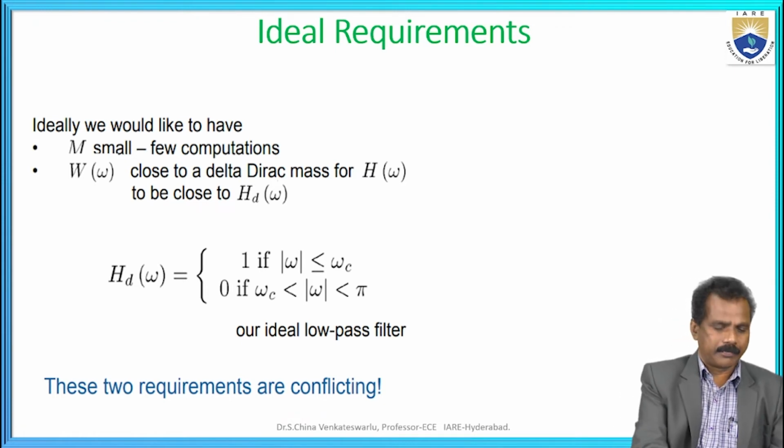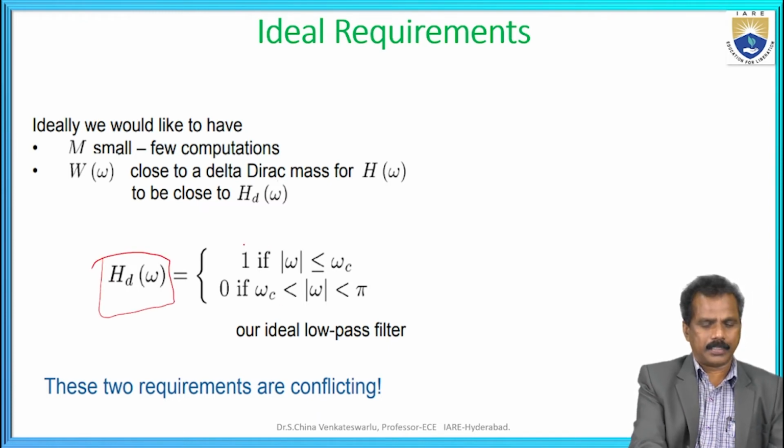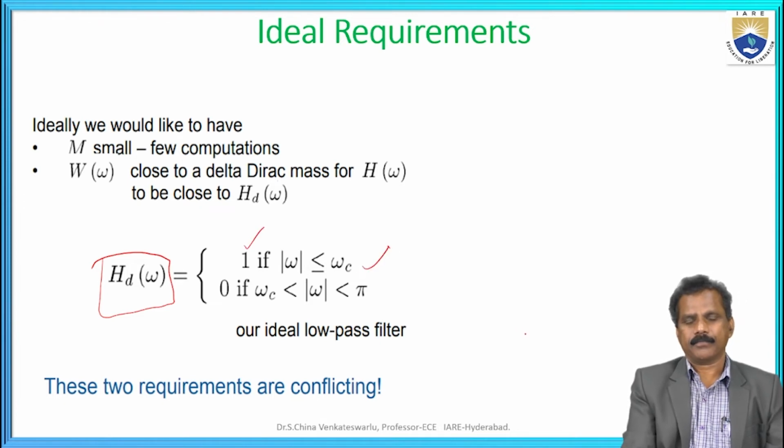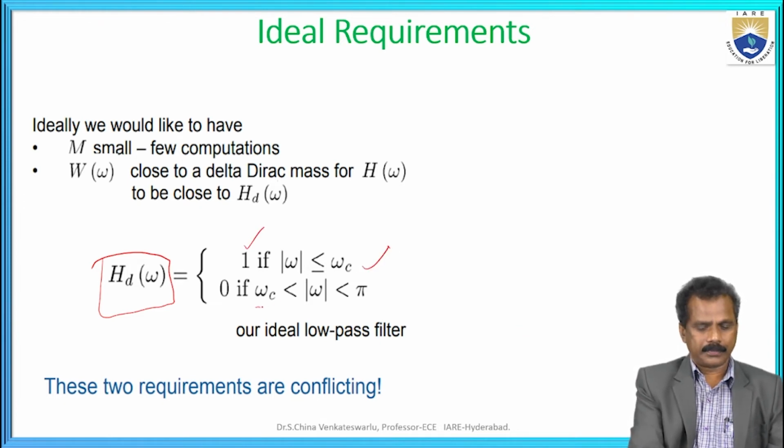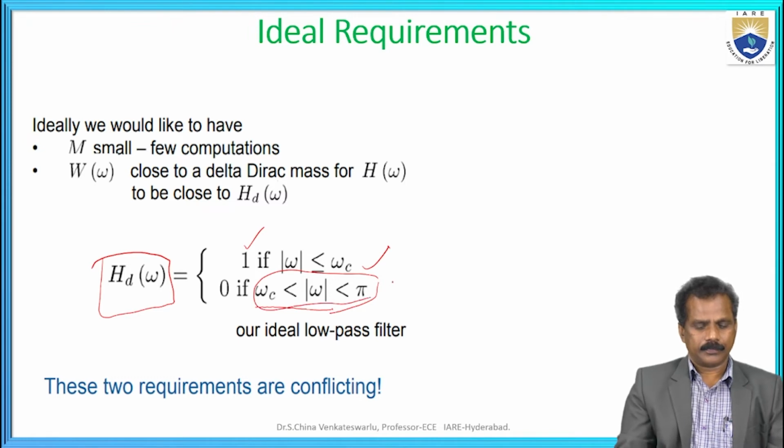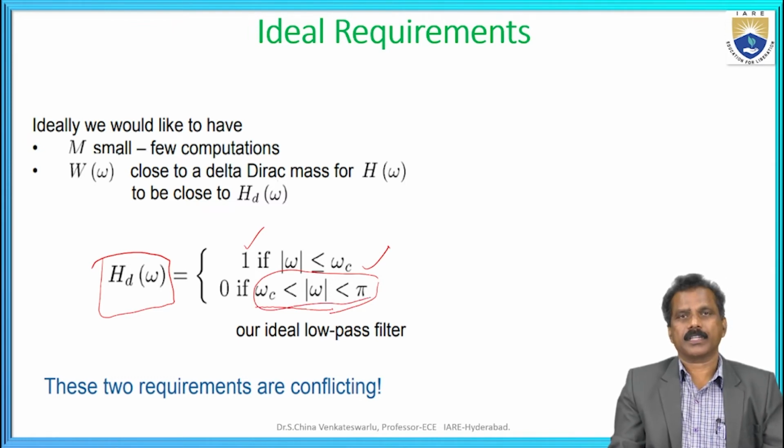H D of omega is defined as 1 if mod omega is less than omega c, and 0 if omega c is less than or equal to mod omega less than pi. This is the ideal low pass filter H D of omega.